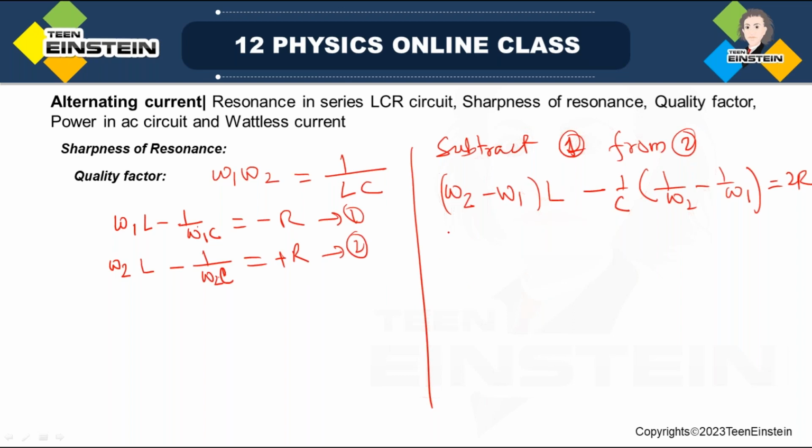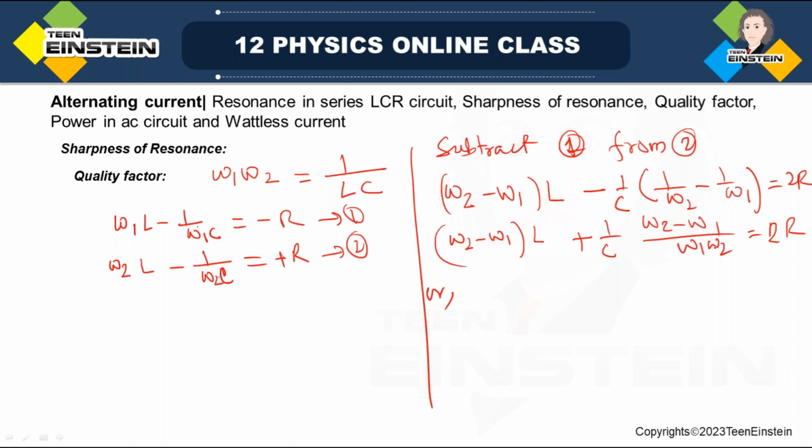So here you can see omega 2 minus omega 1 into L, this term is okay, this is 1 over C, this will be omega 1, so this will be plus, then omega 2 minus omega 1 over omega 1 omega 2 is equal to 2R, right?